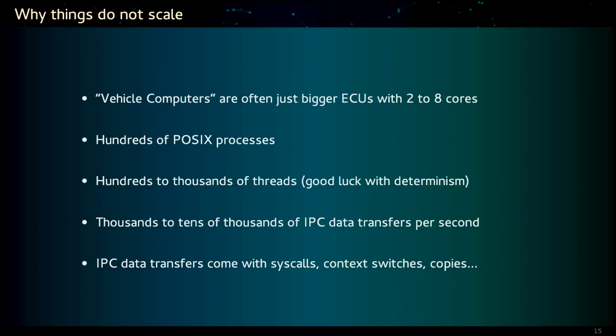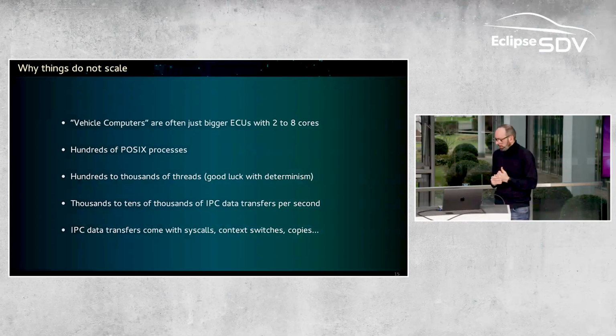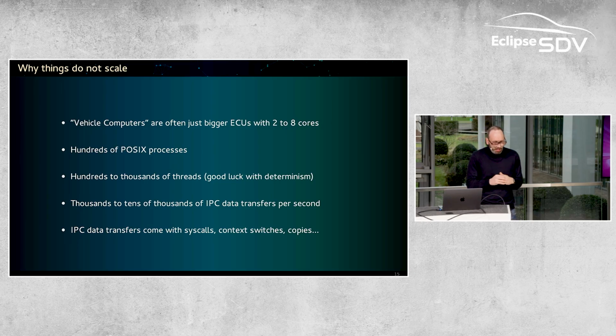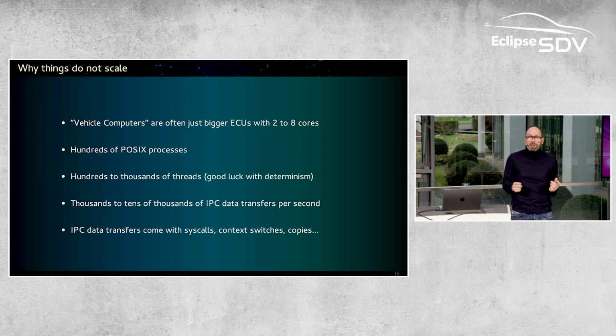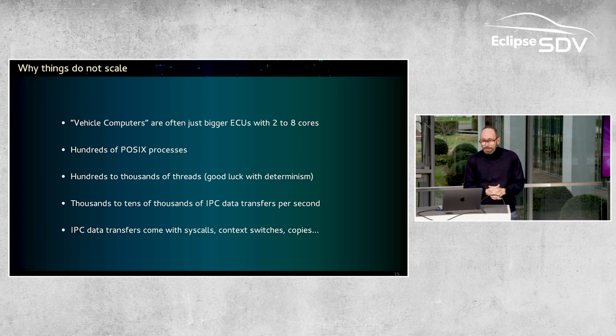And this comes with a price. And people started to realize that it doesn't really scale. There are a lot of projects where people had to fight with overload and delayed SOPs, because vehicle computers are often just bigger ECUs. I've seen vehicle computers with 2 cores running Linux, or 4 cores, but then have a hypervisor and run Linux and QNX in parallel.